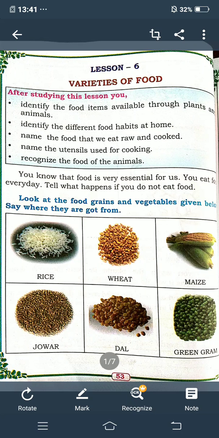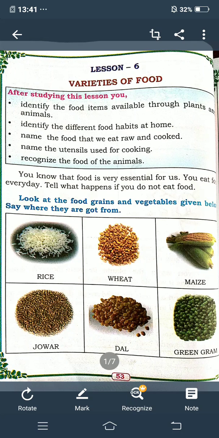We must say rice, wheat, maize, jowar, dal, green gram. These food items we get from plants, no children. Rice we get from plant, wheat also from plant, and maize, jowar, dal, green gram, all we get from plants. These are all food grains.